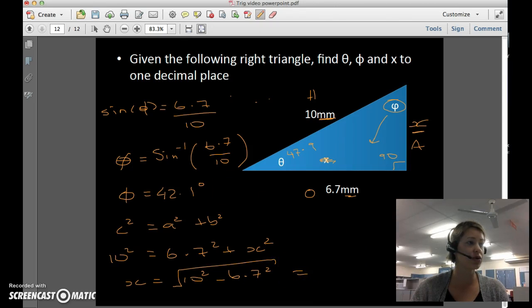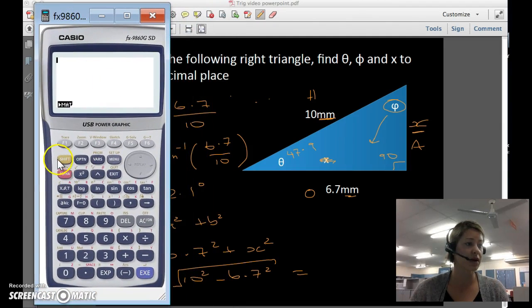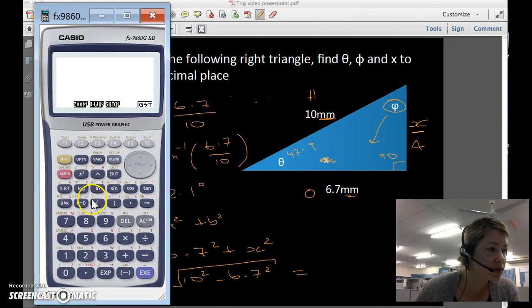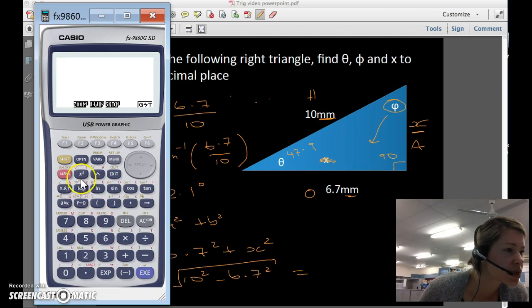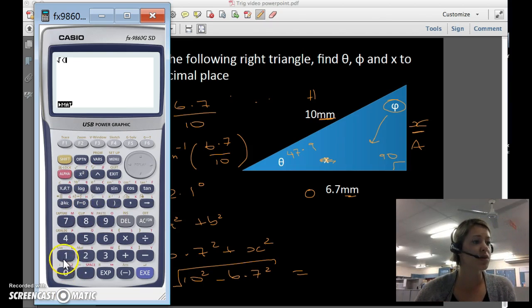Let's find out. So we have the square root. Where's my square root button here? There it is. Square root, open bracket, of 10 squared, which we know is 100, so I'll just put in 100, minus 6.7 squared, close bracket, equals, and we get 7.4.